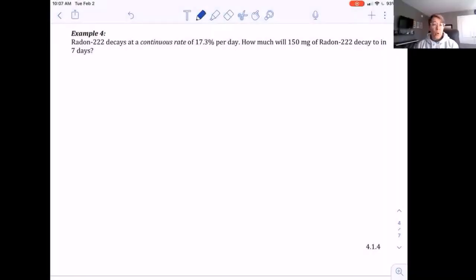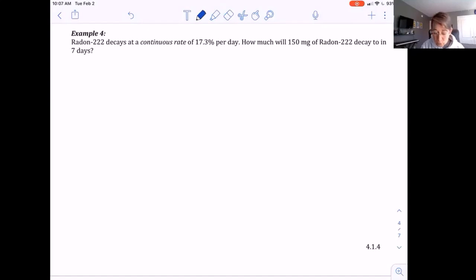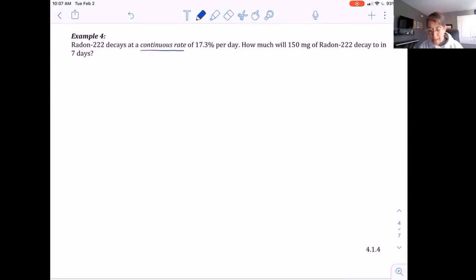So radon 220, that's the name, decays at a continuous rate. So we got to pay attention to that word. Decays at a continuous rate of 17.3% per day. How much will 150 milligrams of radon 222 decay to in 7 days?